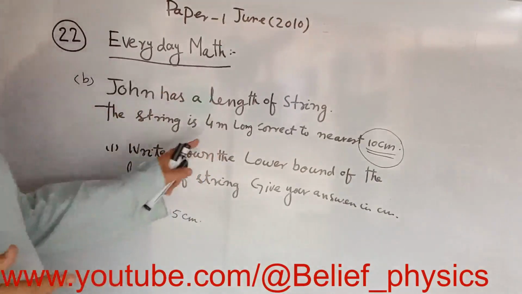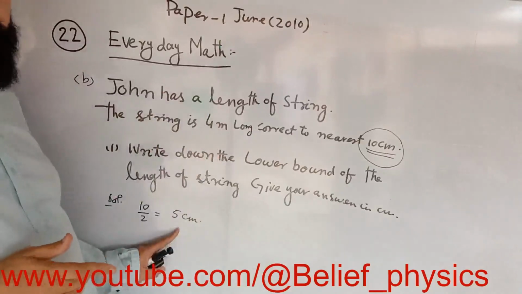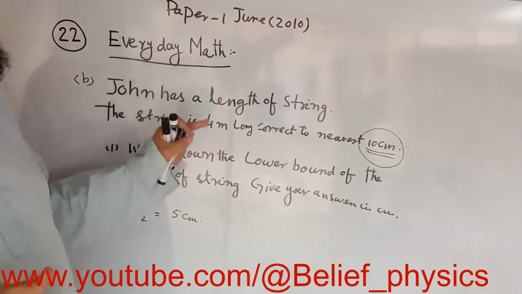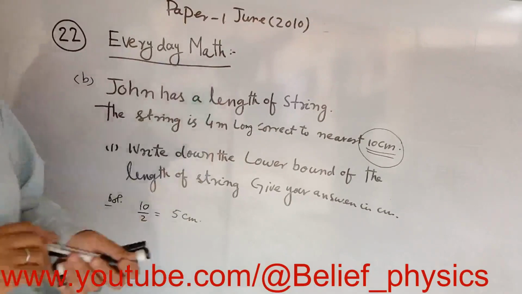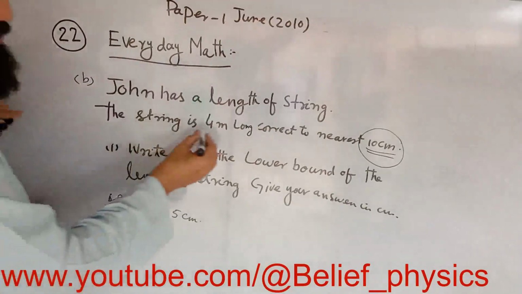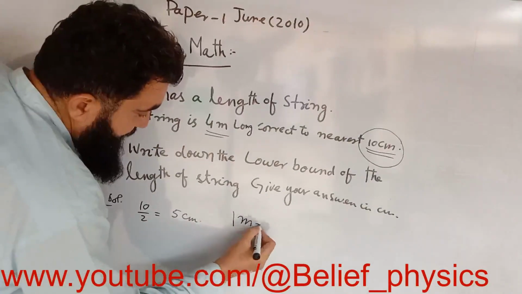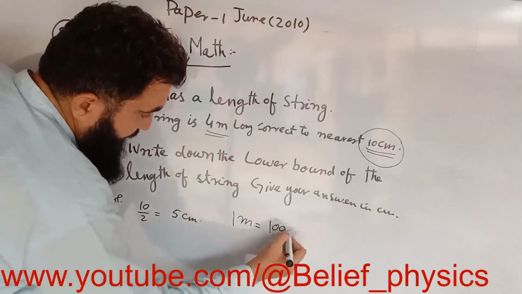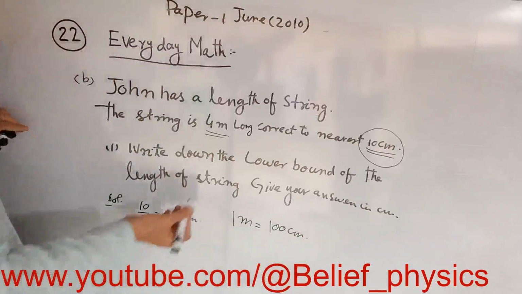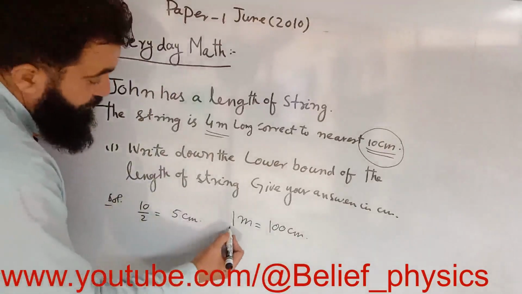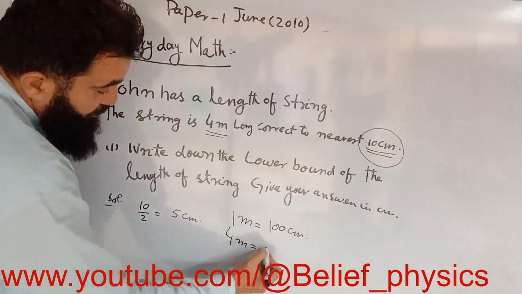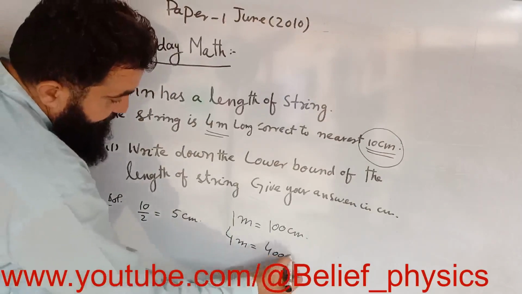Lower bound will be 4 meter minus 5 centimeter, and upper bound will be 4 meter plus 5 centimeter. First we convert 4 meter into centimeter. We know that 1 meter is equal to 100 centimeter, as we just discussed. So 4 meter will be equal to 400 centimeter.